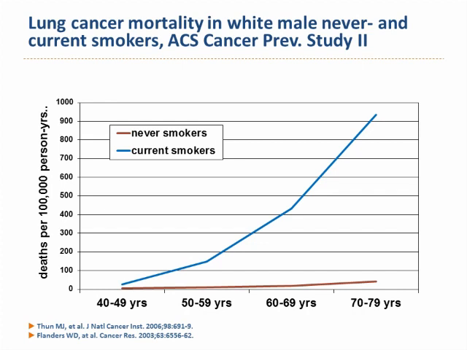We see that current smokers are considerably more likely to die of lung cancer than never smokers. So we accept that there are some other causes of lung cancer beyond smoking, but we see from these data that smoking confers a profound increased risk of lung cancer among those who smoke.